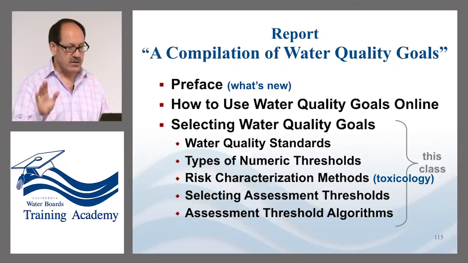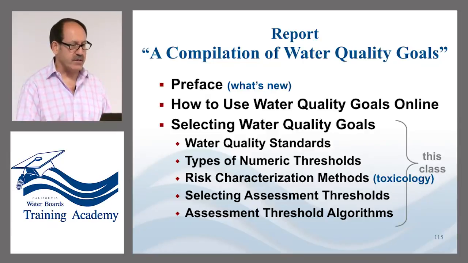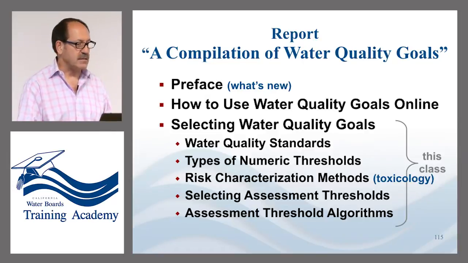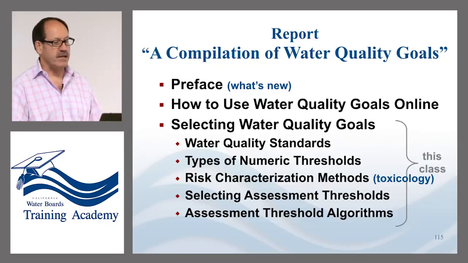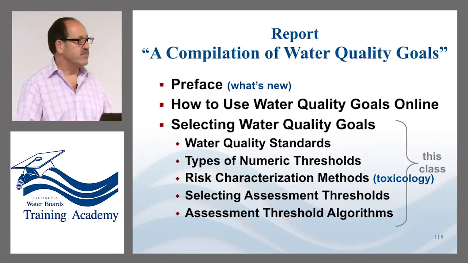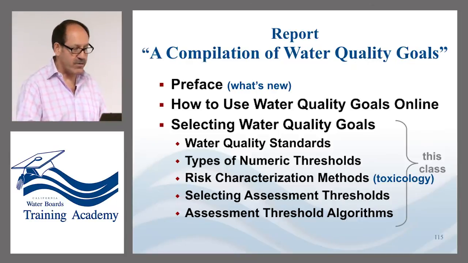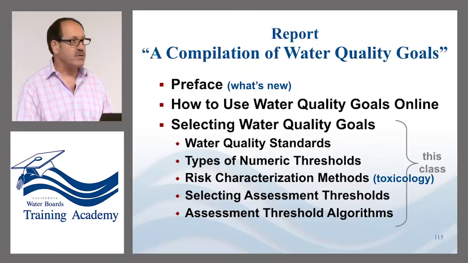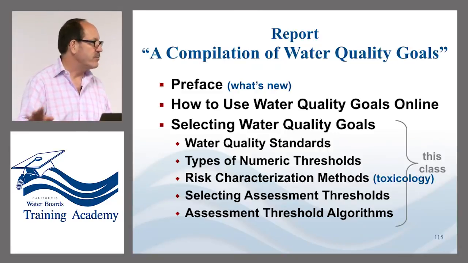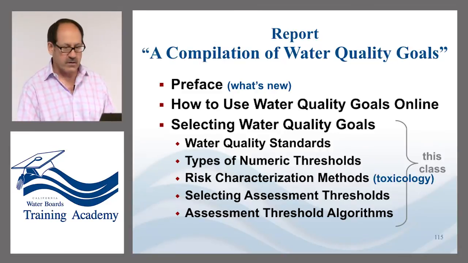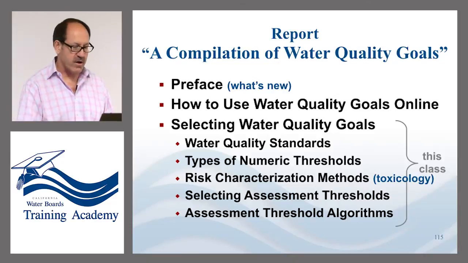And then there's a long section, the majority of the text, selecting water quality goals. So it explains what water quality standards are, the various types of numeric thresholds that are found in the literature, who develops them, how they're developed. There's a discussion of risk characterization methods, and that's the toxicology primer that I gave you a little earlier with a little more detail, and all those formulas are there.